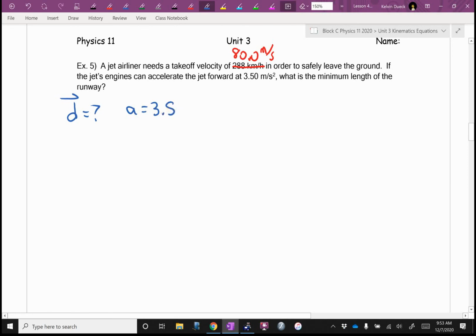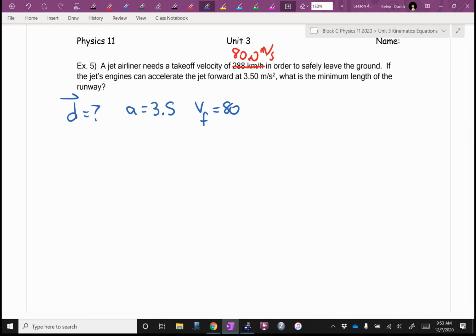What's that 80? I'll give you a hint. It's a velocity. Initial or final? Final. How many things do I know? I need 3 to find the 4th, so I guess I can't do this question.